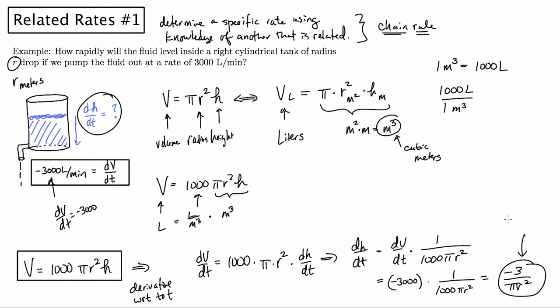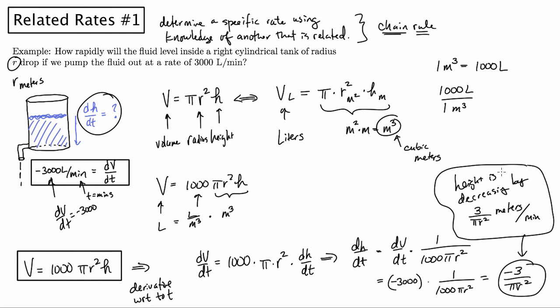The units in this case are, so the height is decreasing by 3 over pi r squared meters per, and it depends on whatever my units for time are. In this case, my units for time are minutes, so meters per minute. So this is the rate at which the height is decreasing in that cylinder, the height of the fluid.